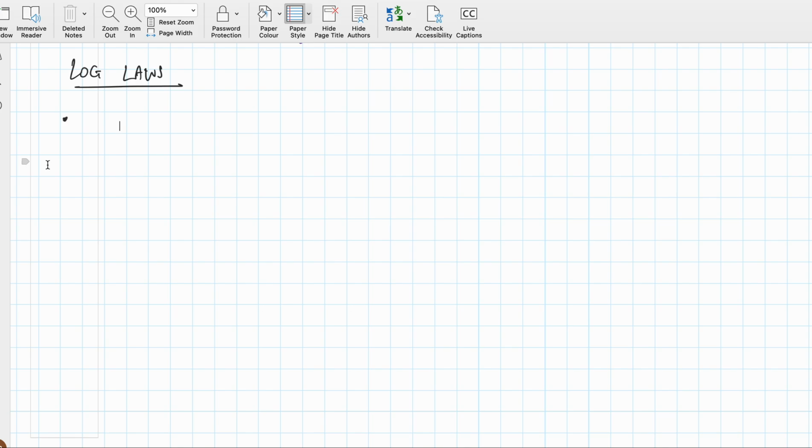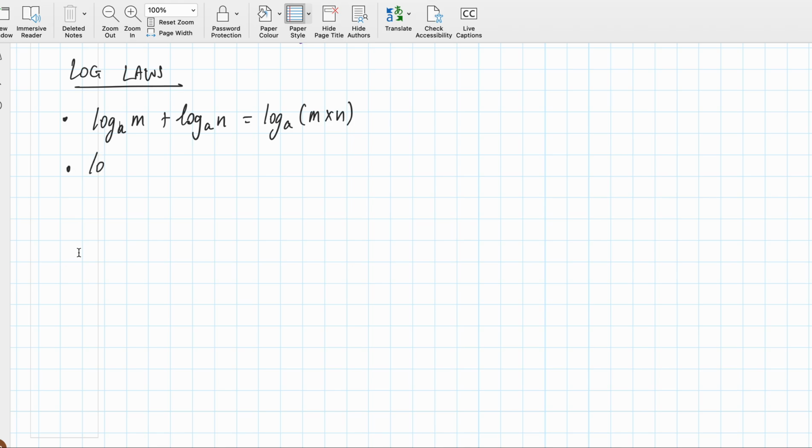The first one: log base a of m plus log base a of n is equal to log base a of m times n. So if you're adding 2 separate logarithms together and want to bring them together, you can take the product of m and n.